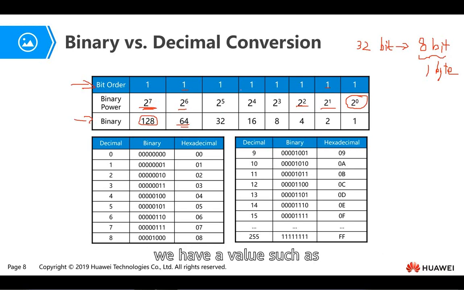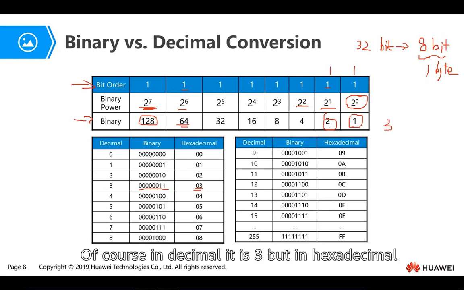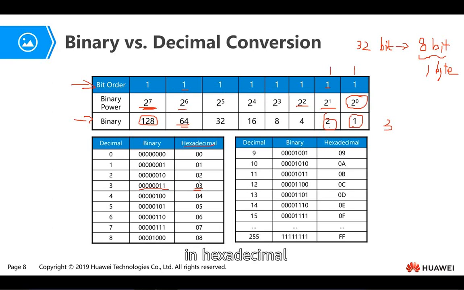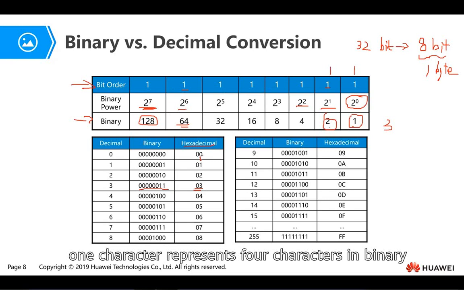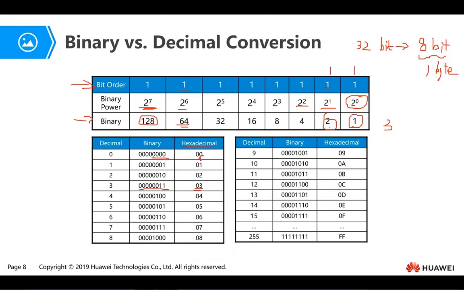For example, we have a value such as this. This is a 1, this is a 1, and all the others are 0. That means 2 plus 1, that's 3. In decimal it's 3, and in hexadecimal it's also 3. One character in hexadecimal represents 4 bits.